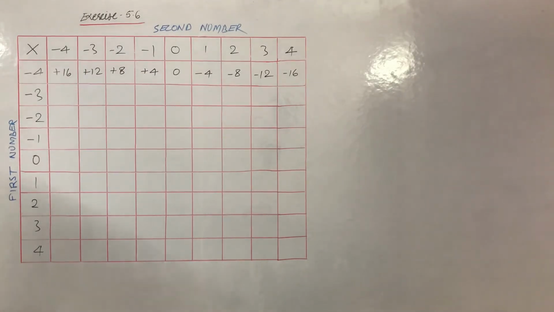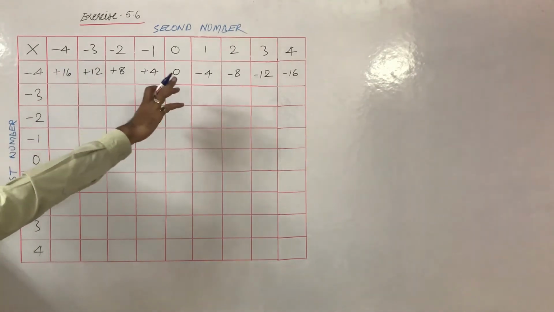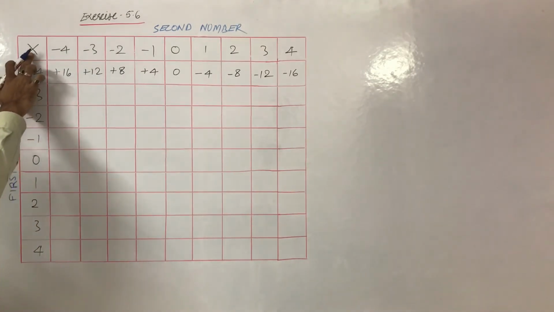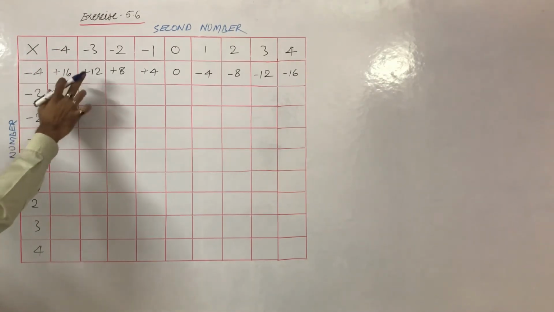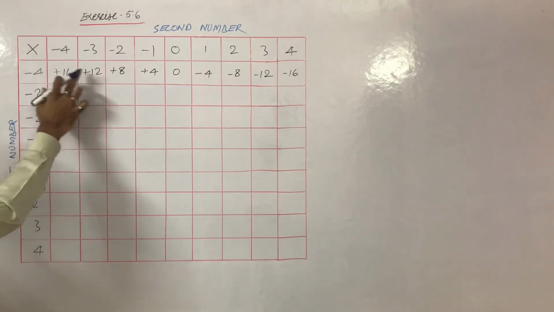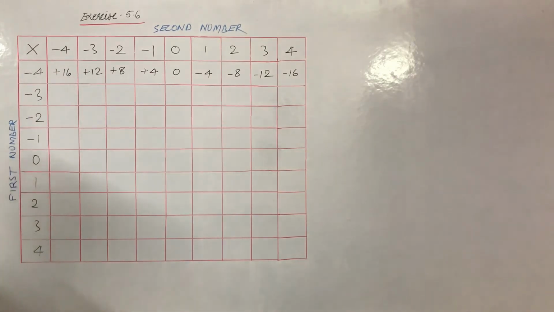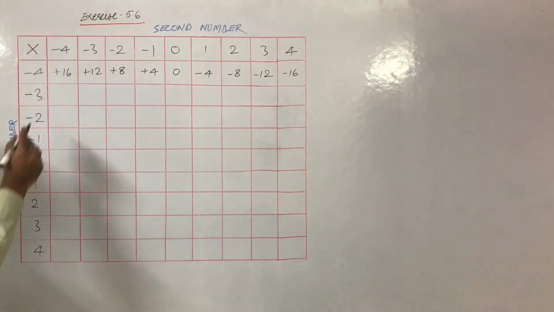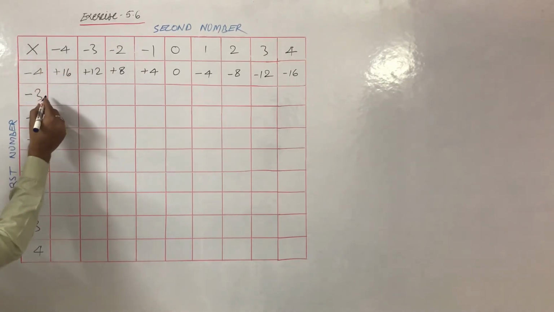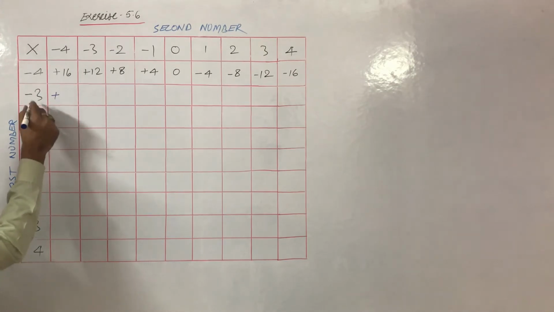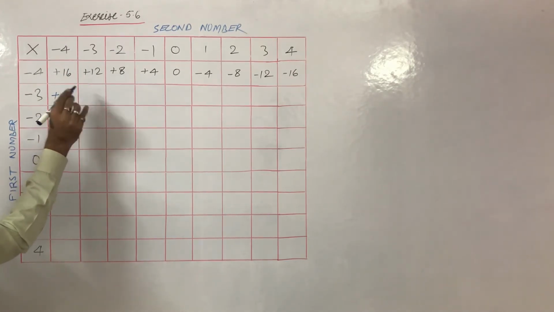Next, question number 5. Complete the following multiplication table. As you can see, these are first numbers and these are second numbers, and we have to multiply them. So minus 4 into minus 4 is plus 16, similarly minus 3 into minus 4 is plus 12, and so on. For these boxes we have to multiply. Minus 3 into minus 4, minus minus plus, 3 fours are 12.